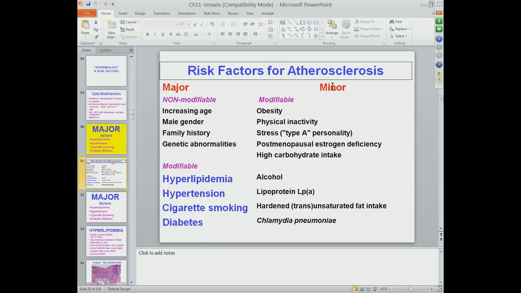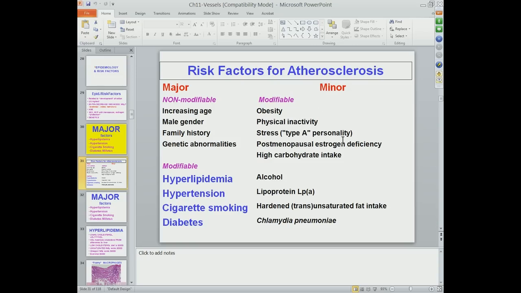However, let's look at some of the minor risk factors. Not one single minor risk factor is as important as a major risk factor, but they're largely modifiable. Obesity is a minor risk factor. Physical inactivity is a minor risk factor.